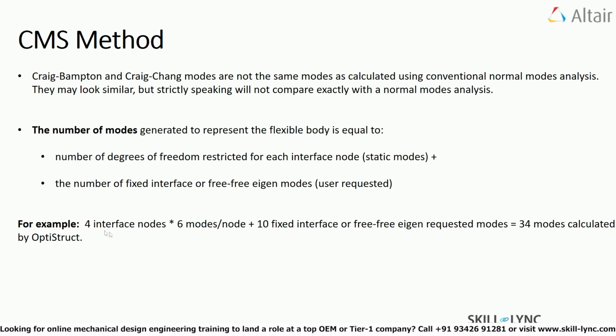If a flexible body has 4 interface nodes and the user requests 10 free eigenmodes, the number of modes generated to represent a flexible body will be equal to the 4 interface nodes multiplied by the 6 modes per node, which makes it 24, plus the 10 free eigenmodes requested by the user, which will give you 34 modes in total.